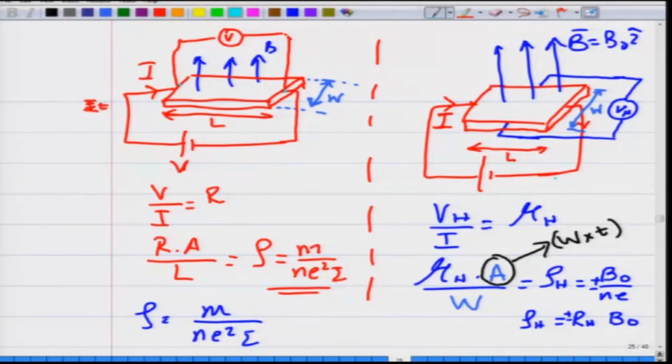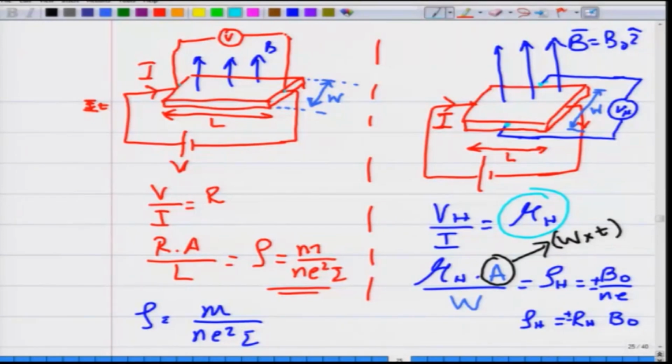Now, in this configuration, the Hall voltage is measured in the transverse direction, namely between these 2 points, which is perpendicular to the direction of the flow of current. And the voltage that is measured between these 2 points is the Hall voltage, which divided by the current will give you the Hall resistance.